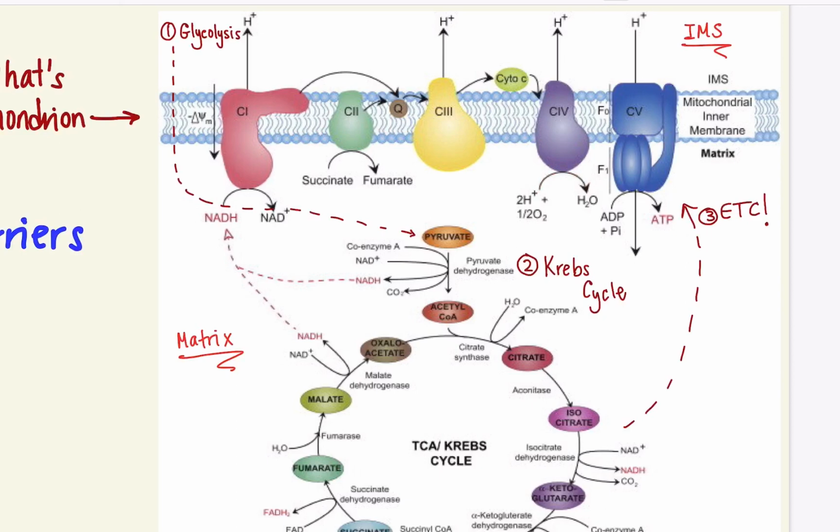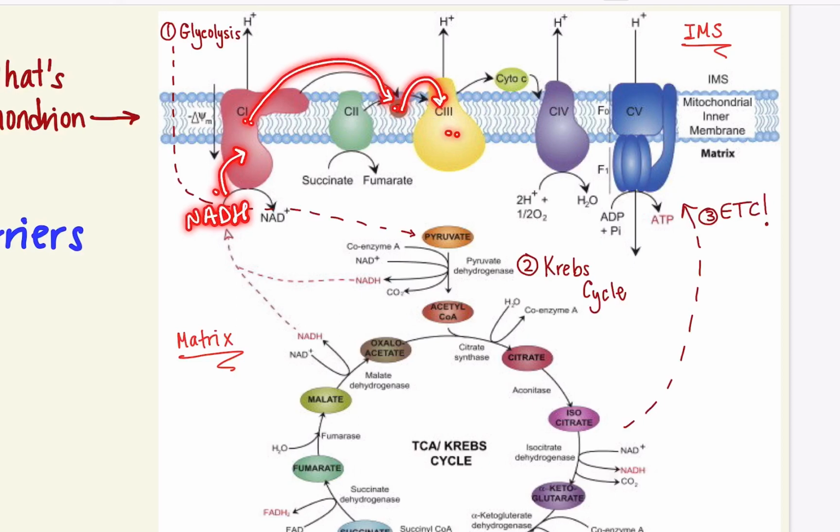So think about it this way. NADH comes in and it is carrying 2 electrons, right? These electrons get put on complex 1. Then complex 1 takes those electrons and gives them to coenzyme Q. Now coenzyme Q has those electrons, and coenzyme Q gives them to complex 3.